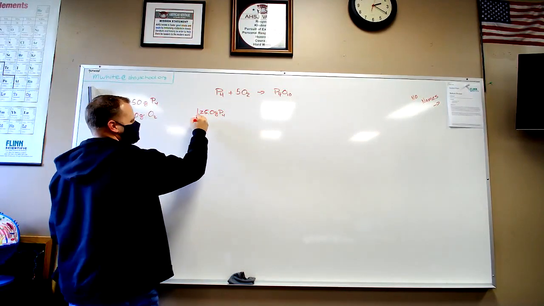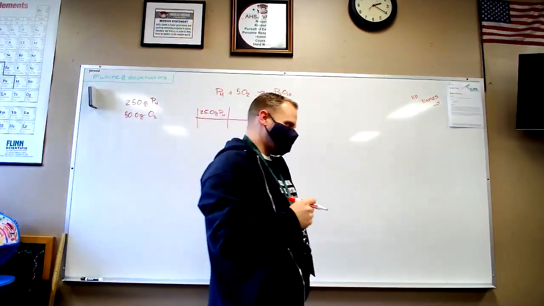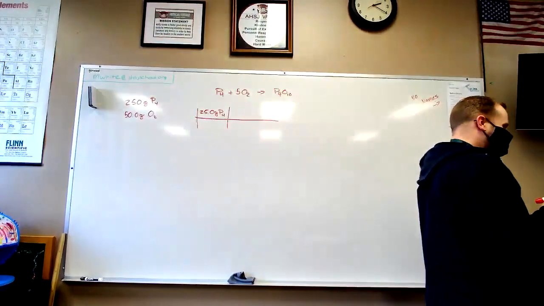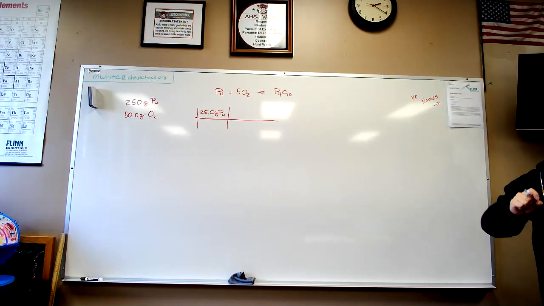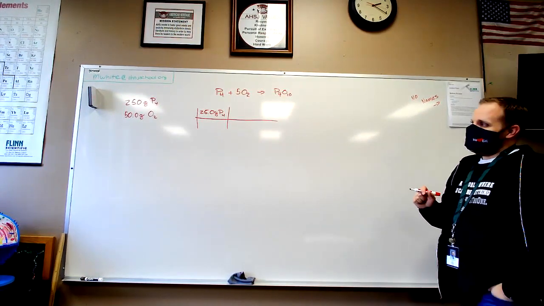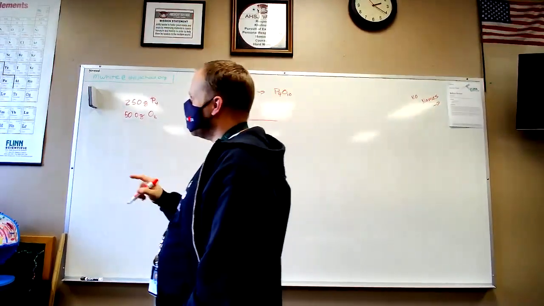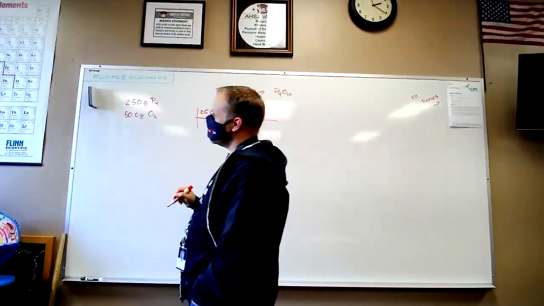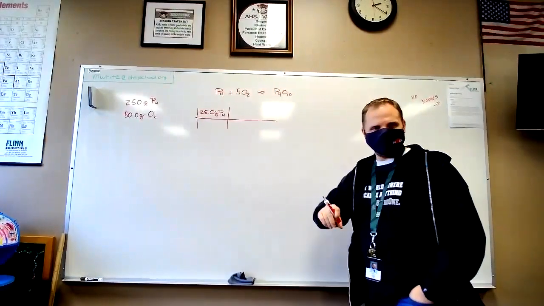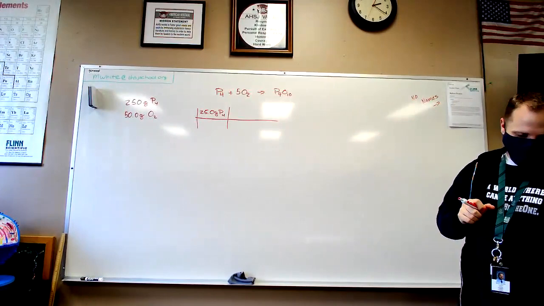All right. Now we have grams. What do we need to do if we have grams? We need to change to moles. Okay. So we go to the periodic table. We find phosphorus, number 15 right there. 31. So about 31. Okay. It's 30.97 something.